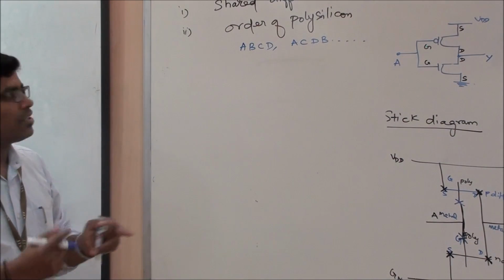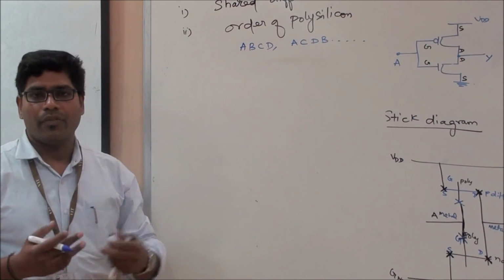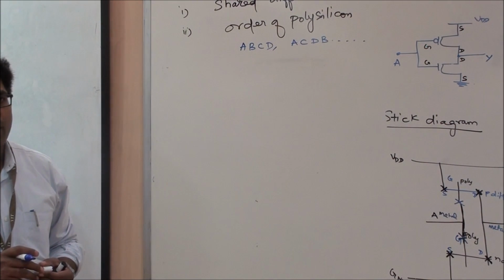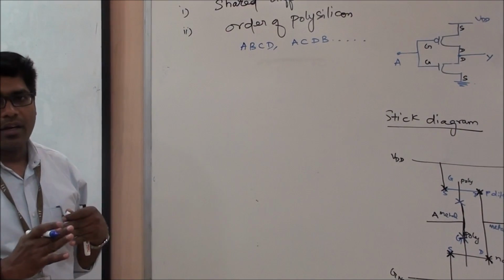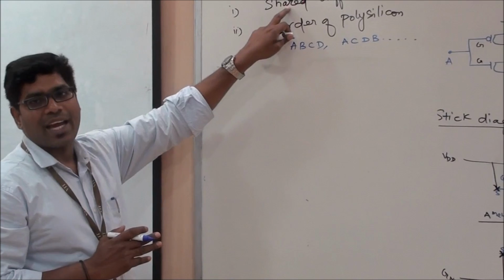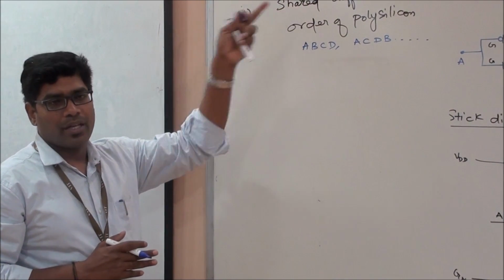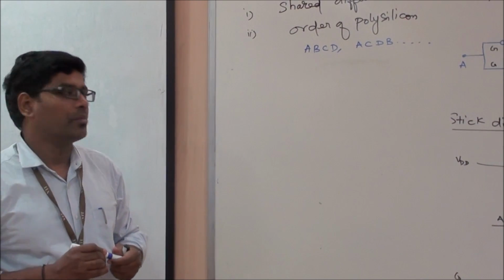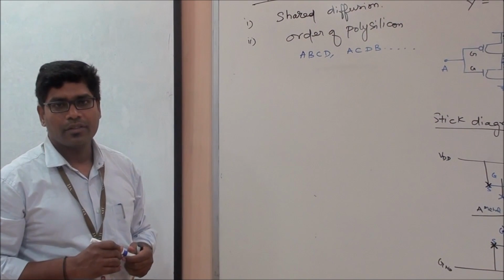I can reshuffle these 4 variables in different orders. But the question is, which order of poly will give me a shared diffusion, thereby giving minimum capacitance, minimum delay and power.